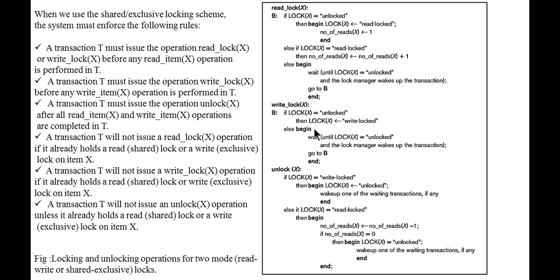But in write lock mode, only one transaction can read and write a particular data item X. No other transactions are allowed to read or write. That is the meaning of this shared and exclusive lock technique. You can go through this and try to understand it. If you have any queries, please put the question in the comment section so that I can answer.